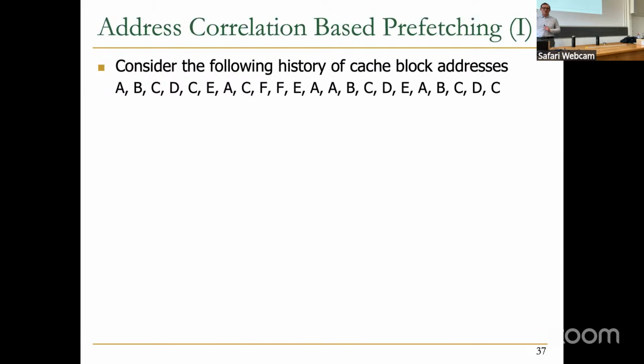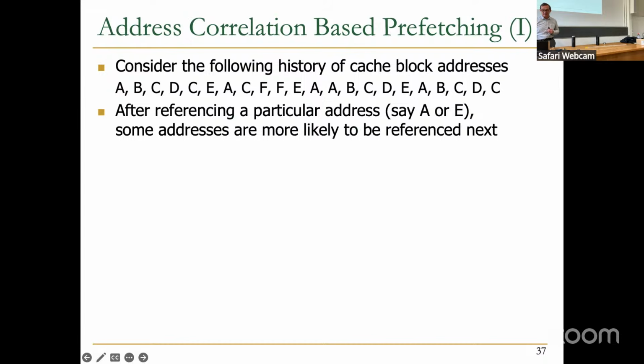Okay, this is address correlation. Essentially, it's similar to delta correlation, but we're going to work on addresses. If you look at the following history of cache block addresses, you can actually draw some conclusions, right? After referencing a particular address, some addresses are more likely. For example, after referencing address A, B is more likely to be referenced next, right?